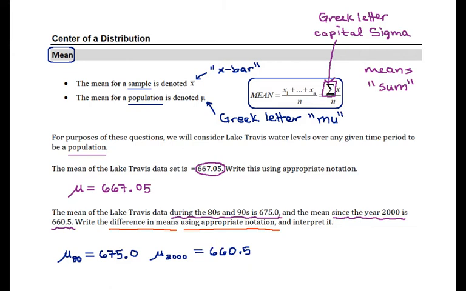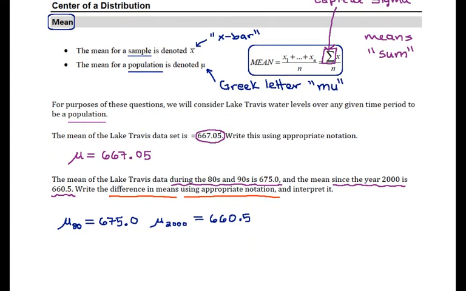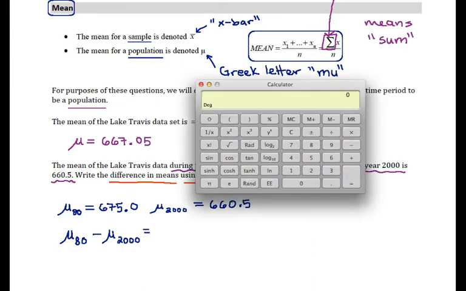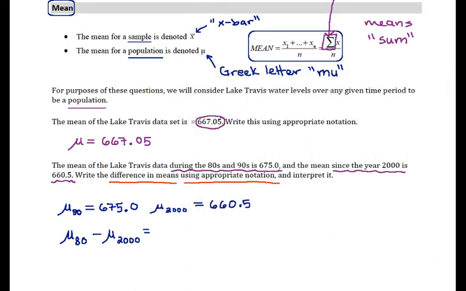Now I can decide what order to subtract in. Usually if I have the choice, I'm going to subtract in the order that gives me a positive number because that's a little bit easier to interpret. So I'll write this as mu sub 80 minus mu sub 2000. And that's going to be what I get by subtracting these two numbers. 675 minus 660.5 gets me 14.5.